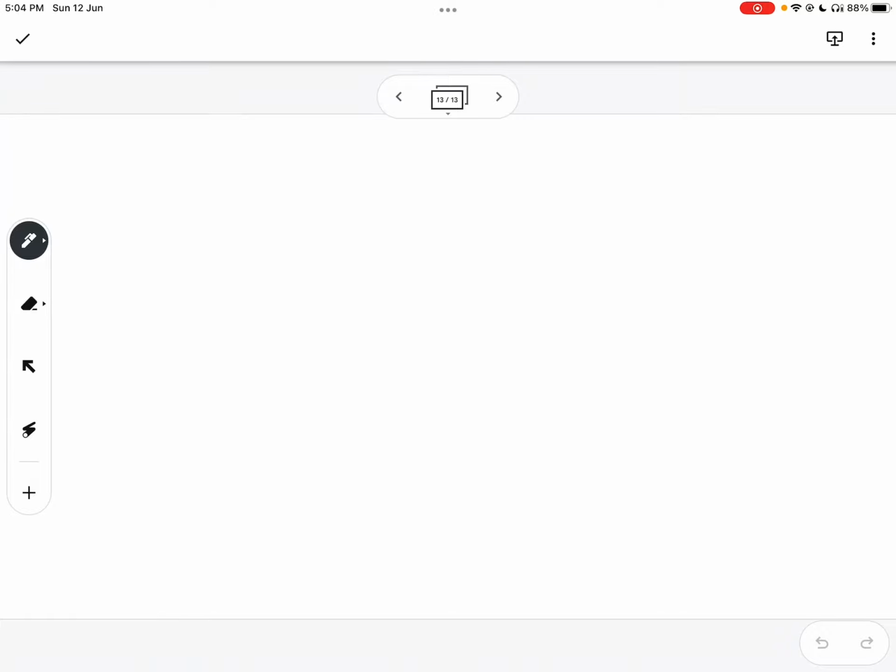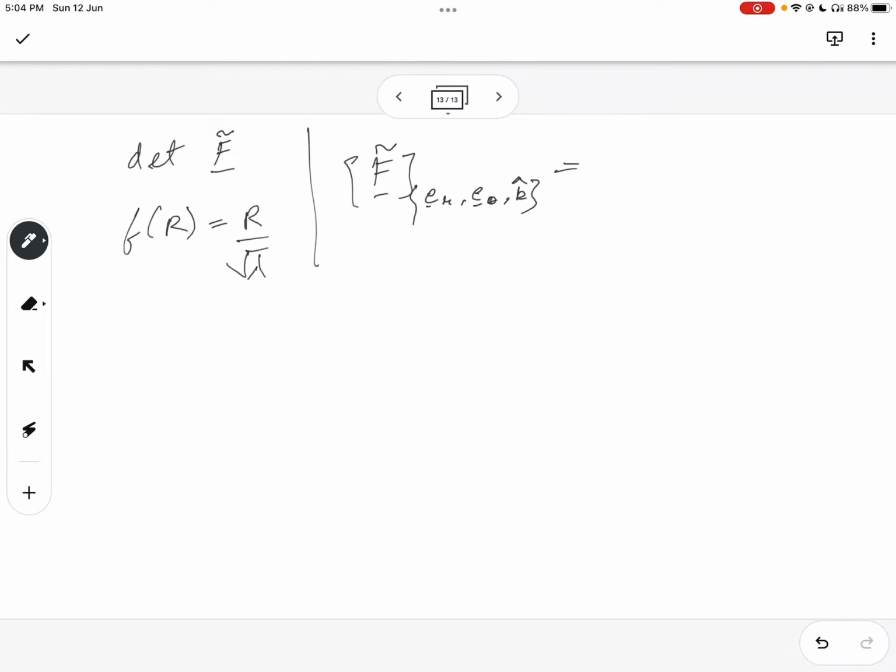Now, given the form of the function f of r, which was r by root lambda, we have F tilde in the e_r, e_theta, k basis as 1 by root lambda, 1 by root lambda and lambda.